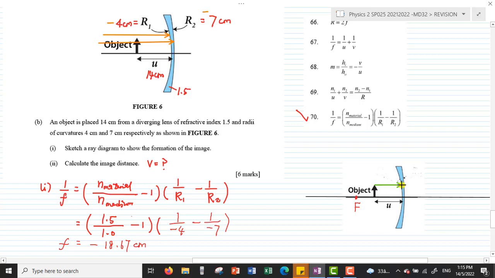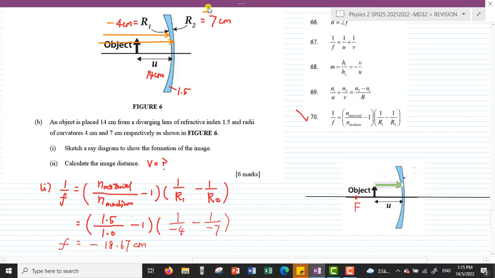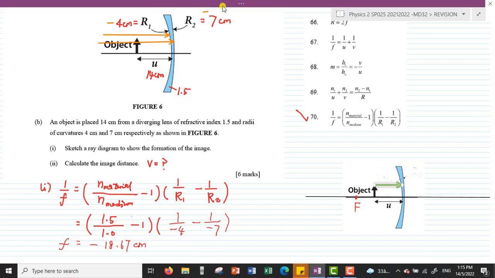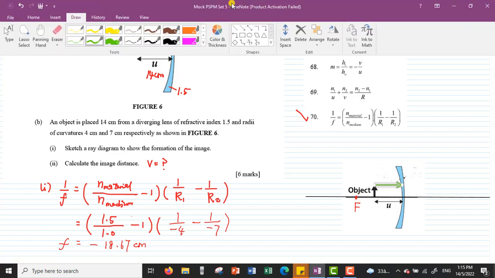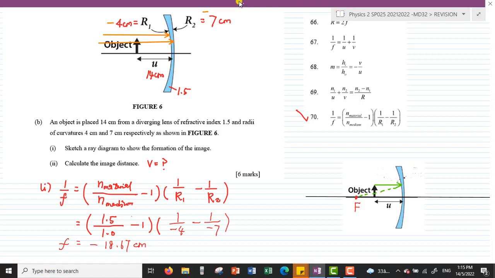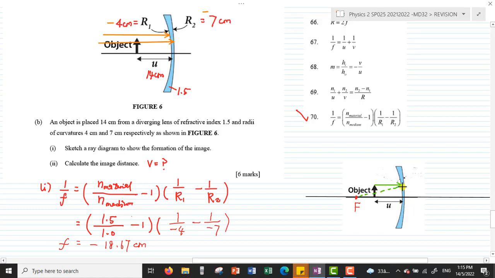As it strikes the lens, it will diverge, seeming to diverge from the focal point, because we have a diverging lens.